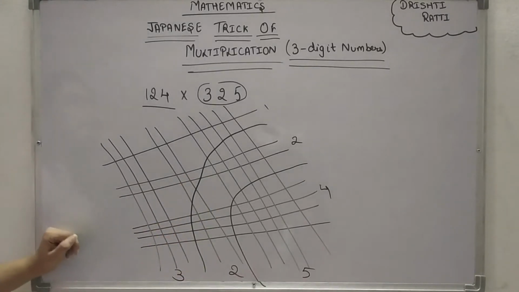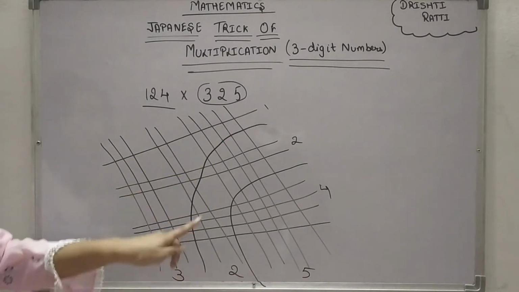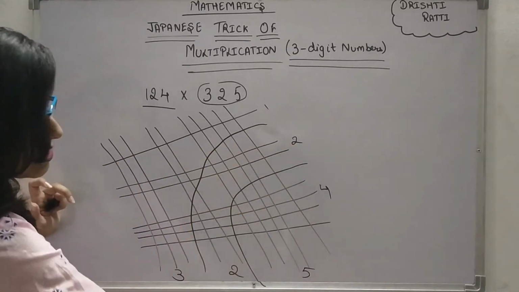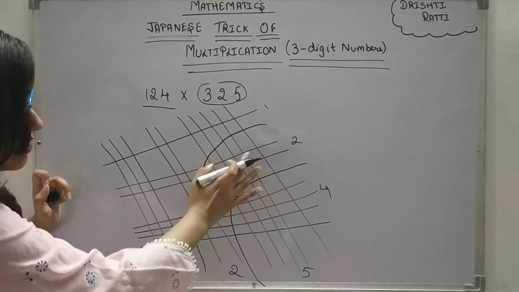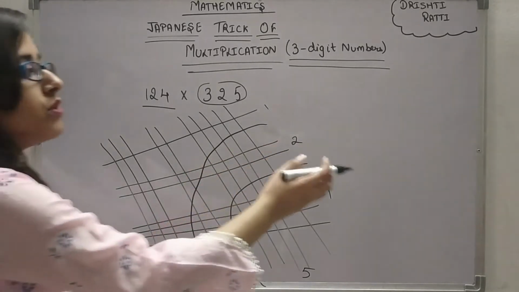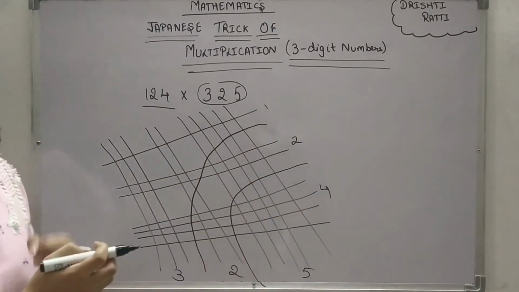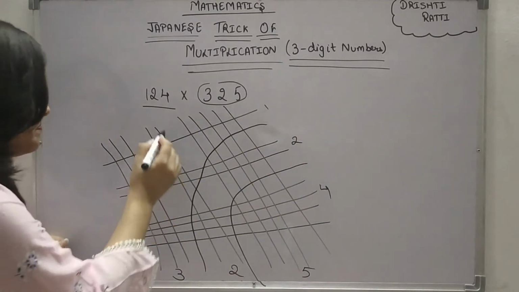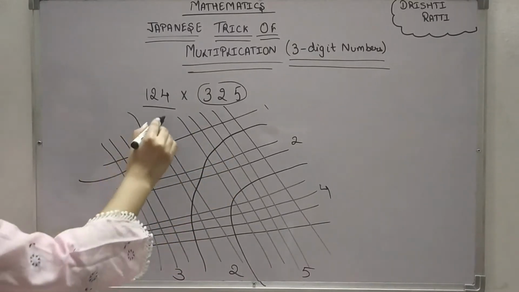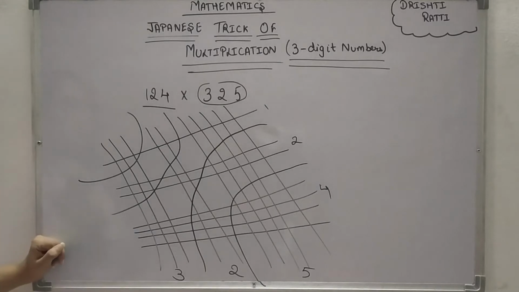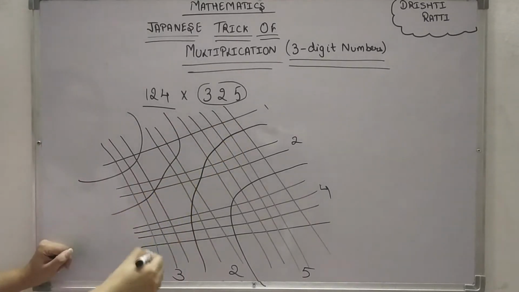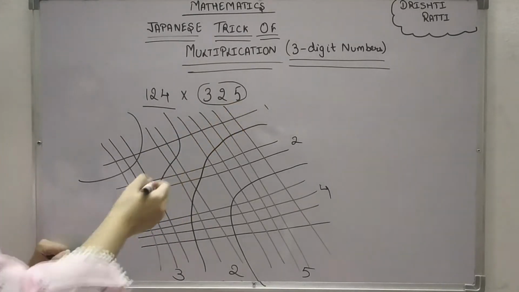So very carefully make those lines, and the intersecting points coming in between this and in between this, that is all these intersecting points that you can see will be counted and will be written just in front of the intersecting points of this. Then same sort of line, same sort of arcs, we have to make over here also. So now in between this, whatever is there, we will count the intersecting points and add.